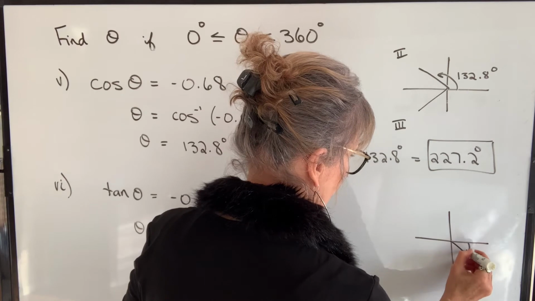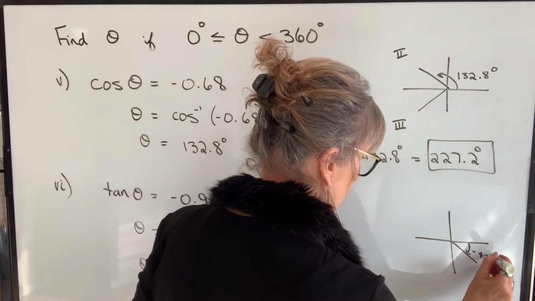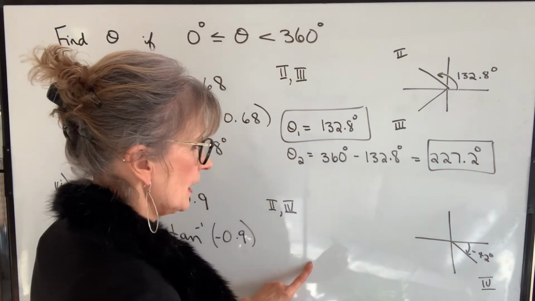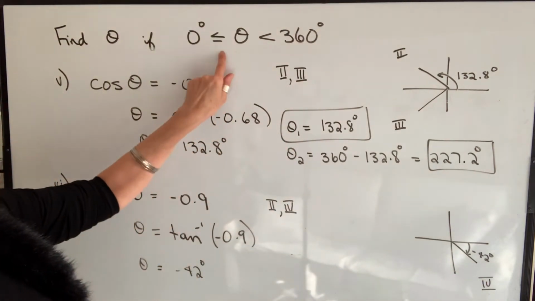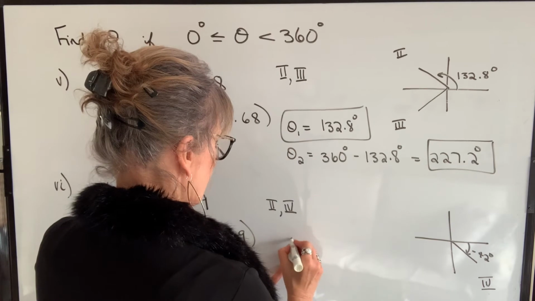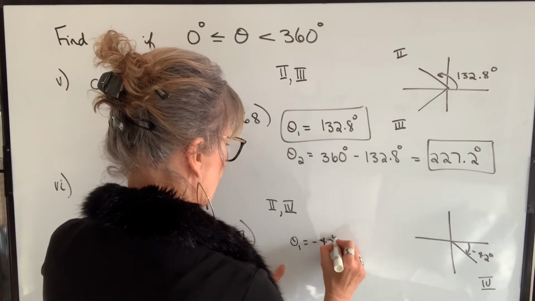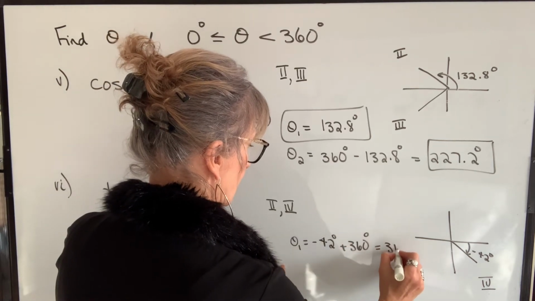A negative rotation is clockwise. That's the angle in quadrant 4. It should not be expressed as less than 0 degrees, so we want to change it to a positive angle. So we would take negative 42 degrees, add 360 degrees to get 318 degrees.